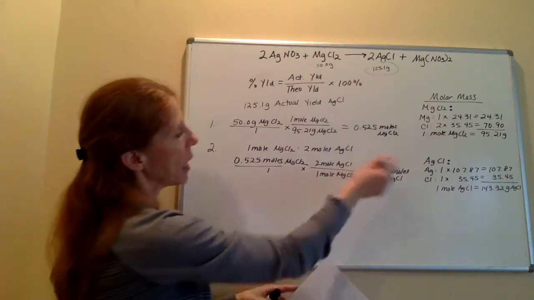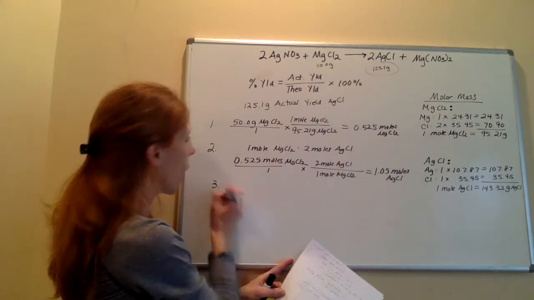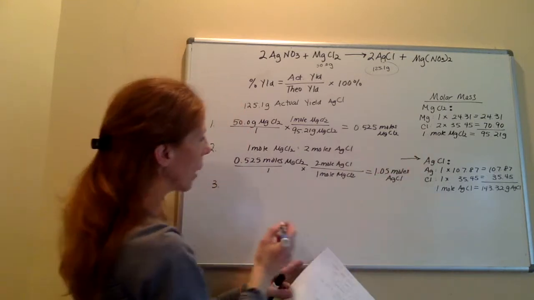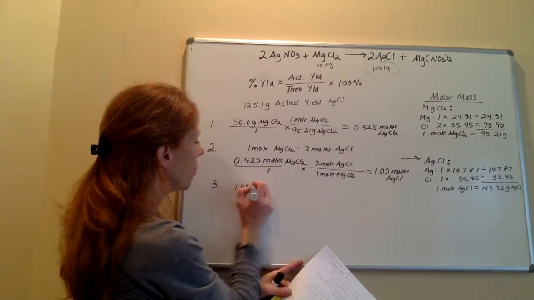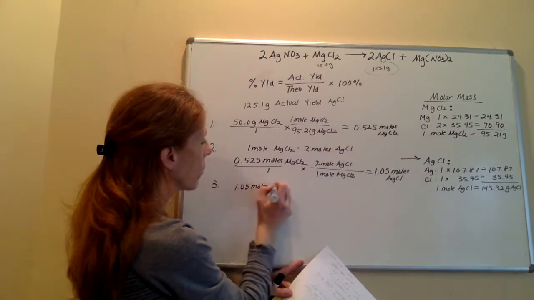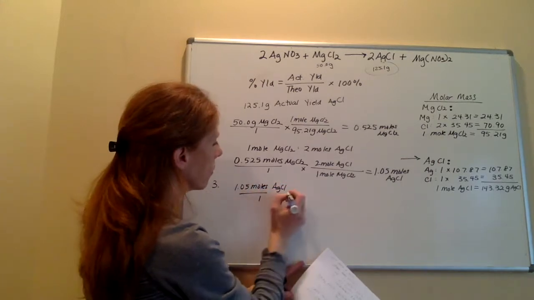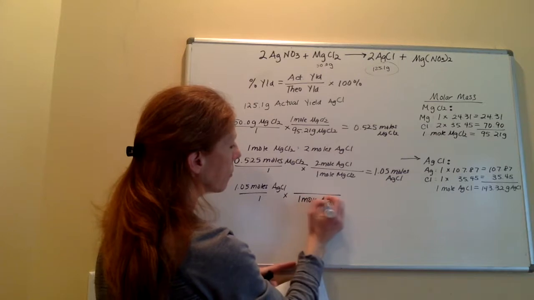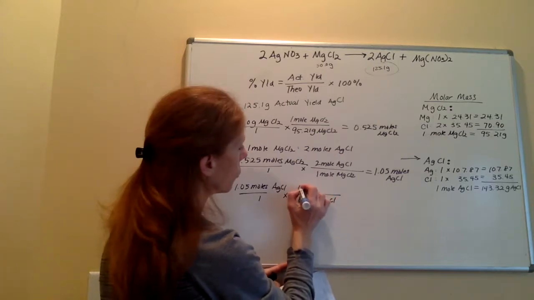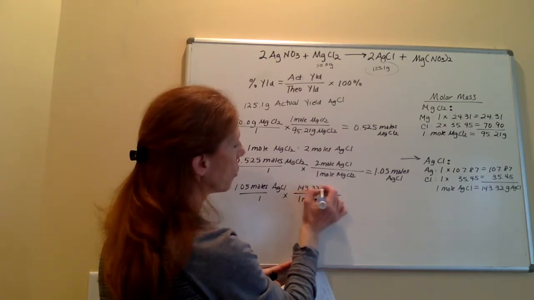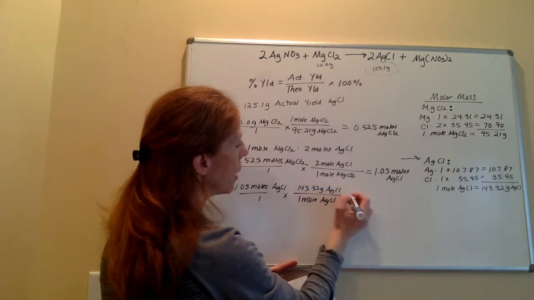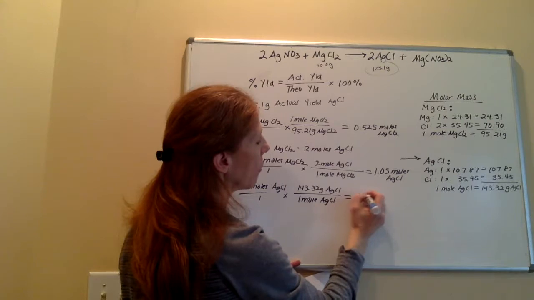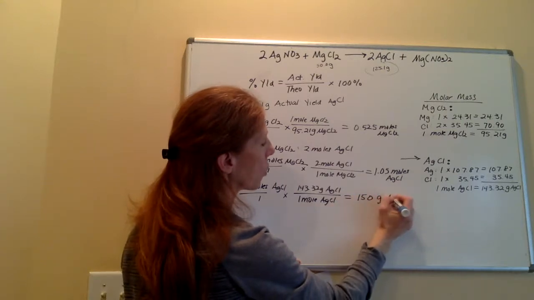Okay, so I'm going to take my 1.05 moles of silver chloride and change it back into grams. Here's the molar mass for that, right? 1.05 moles of silver chloride, and for every 1 mole of silver chloride, I've got 143.32 grams of silver chloride. And that ends up being 150 grams of silver chloride.